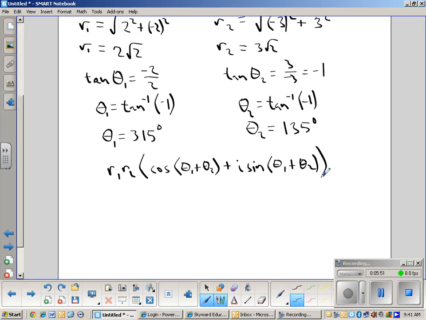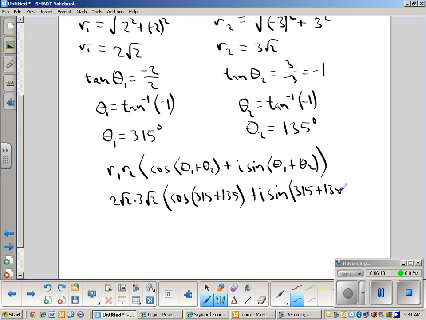And so we had 2 square root of 2 times 3 square root of 2 times cosine of 315 plus 135 plus i sine of 315 plus 135.